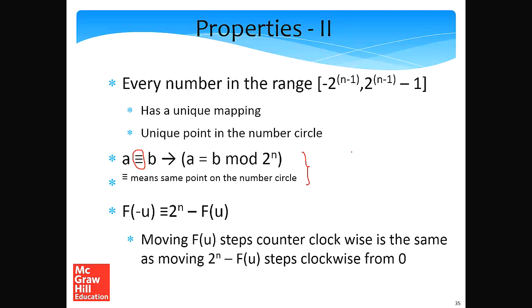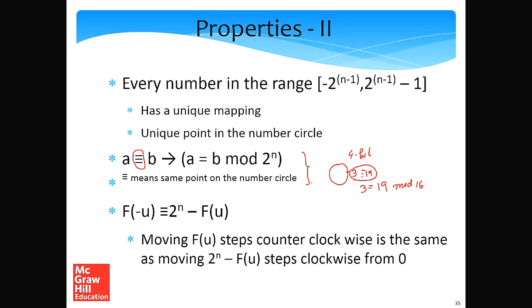So let's consider a 4-bit number system, and let's consider point 3. If we add 16 to 3, then we just need to walk 16 steps in the clockwise direction. We'll again come back to 3. So essentially 3 is equivalent to 19 in this system, the reason being that 3 is equal to 19 mod 16, where 16 is 2 to the power 4.